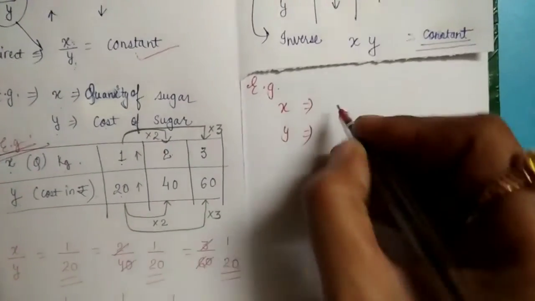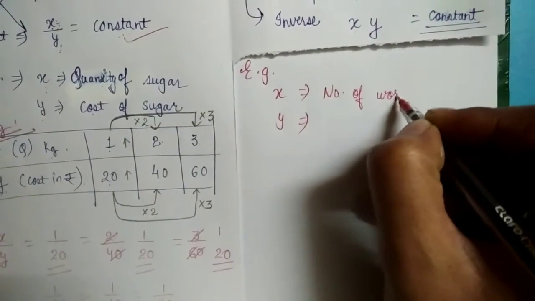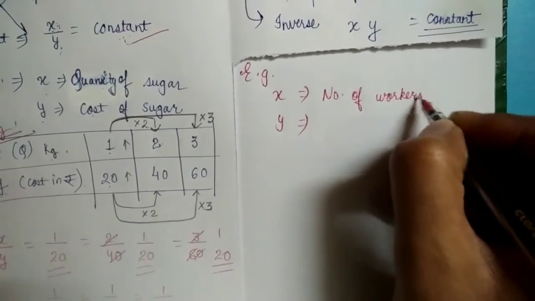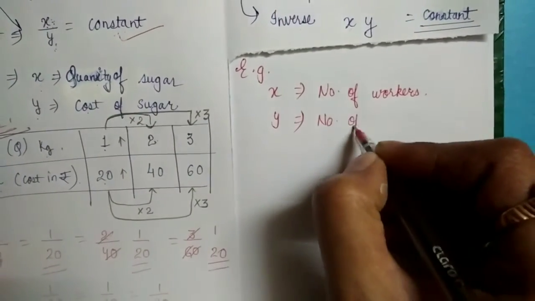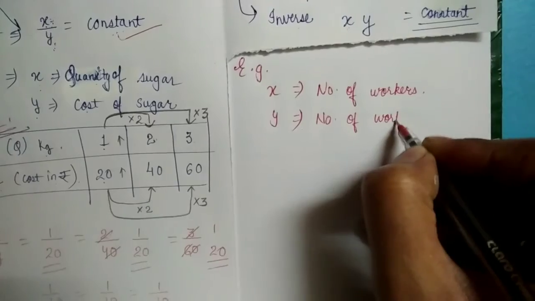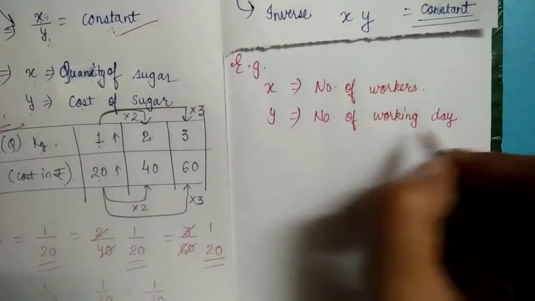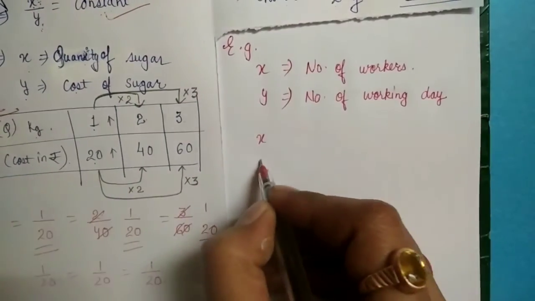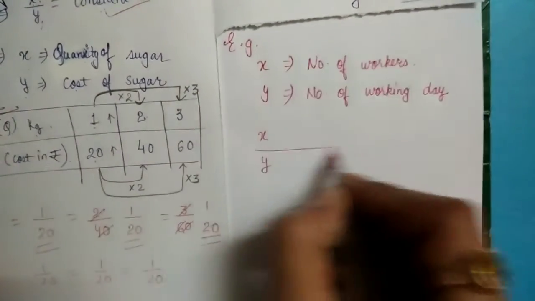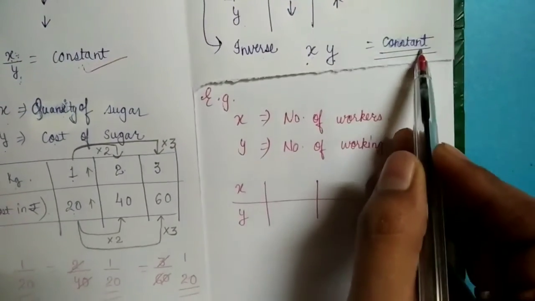If x is showing the number of workers, and y is showing the number of working days in which our work is completed, and x and y are in inverse proportion, then x into y will be constant.